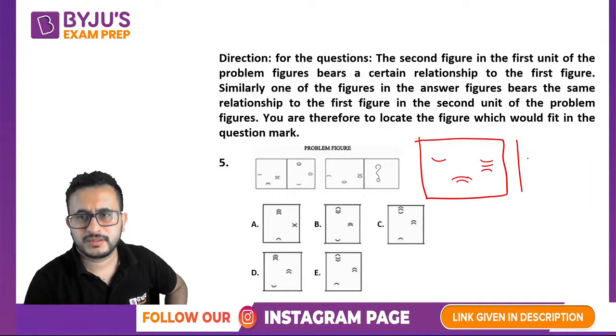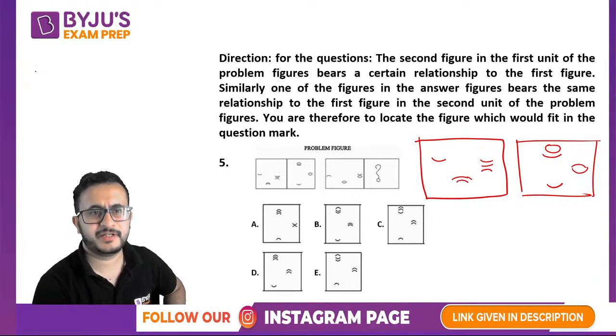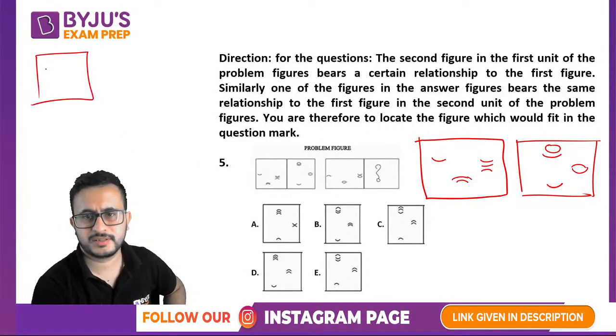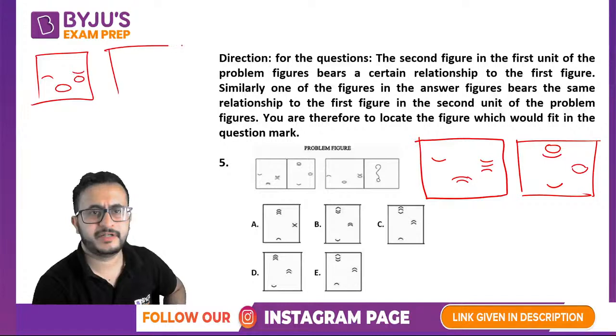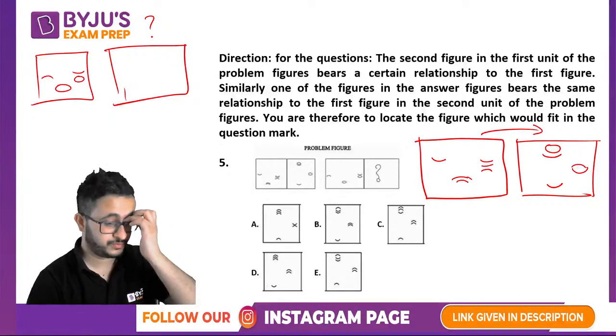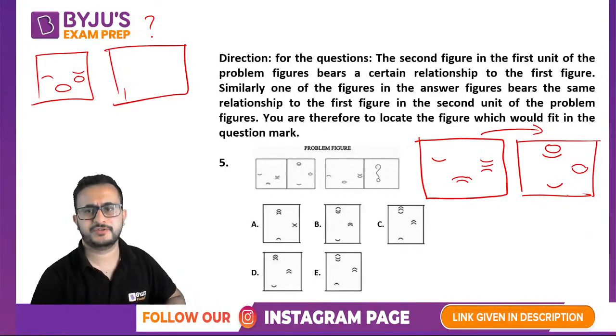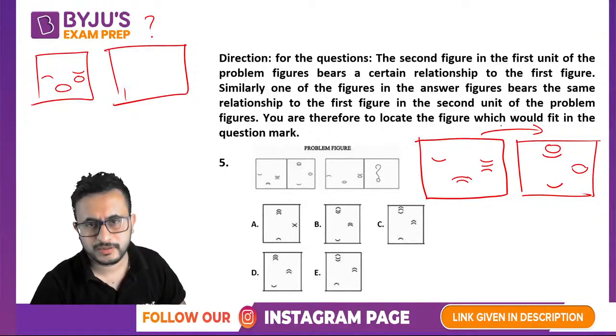Okay. This is the second figure. Okay, this is first and second. The third figure that is given to us is this. We have to find the fourth figure based on this. Right. So there is some relation between these two. So the same relation has to be between this and this. So this I have drawn. Now check it.